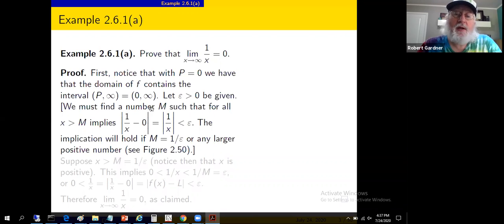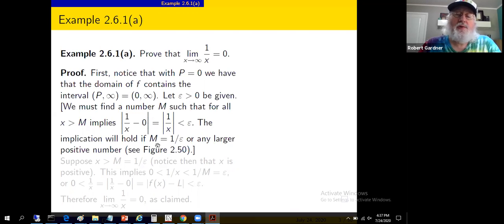We must find a number, capital M, such that when x is greater than M, that implies absolute value of f of x minus L is less than epsilon. Our f of x is 1 over x, our L value is 0. So we could simplify that to 1 over x is less than epsilon.